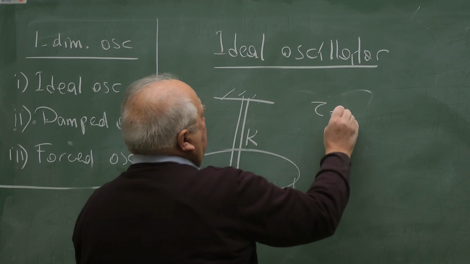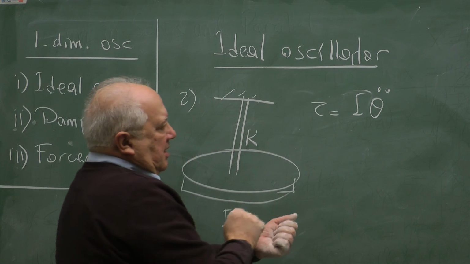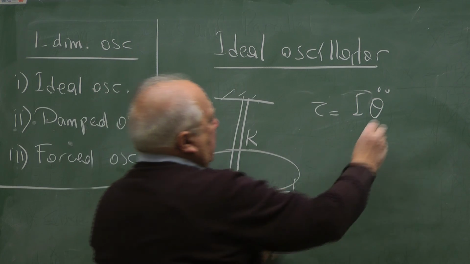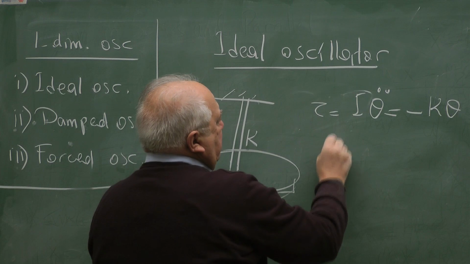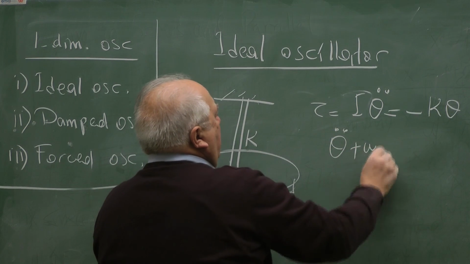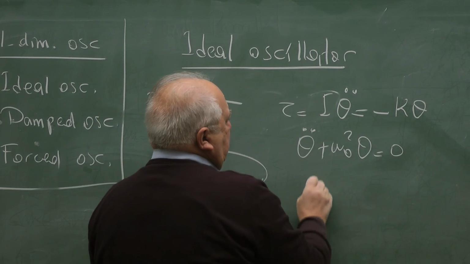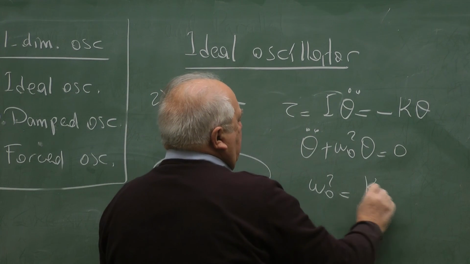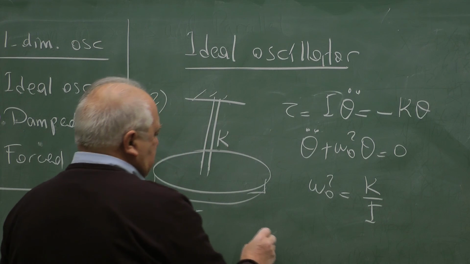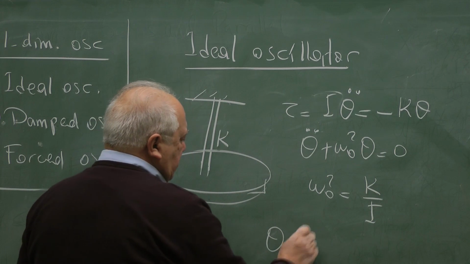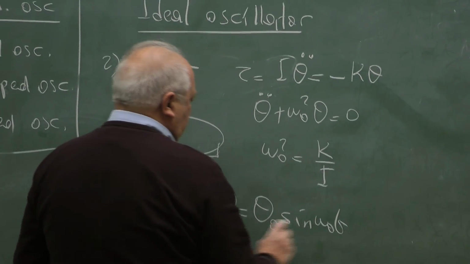So torque is I theta double dot. Theta is how much you have turned it, and the restoring torque will be kappa theta, and the equation of motion will be theta double dot plus omega 0 square theta is equal to 0, and here omega 0 square is kappa over I. So let us say that it is oscillating with this sine omega 0 t with this amplitude.